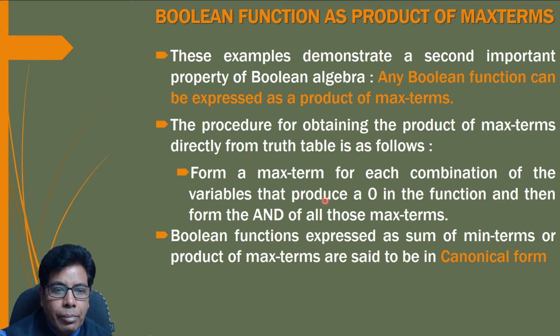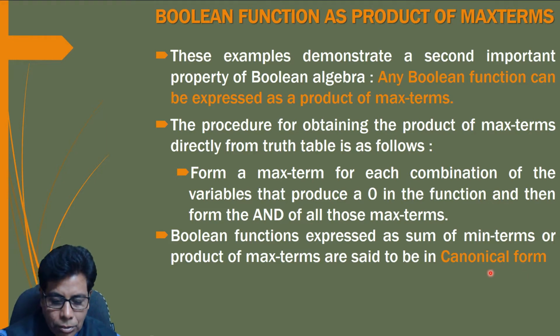In case of min terms it will be 1, in case of max terms we have to consider 0. Boolean functions expressed as a sum of min terms or product of max terms are said to be in canonical form. So when we express them as a sum of min terms or product of max terms, we call it the canonical form.